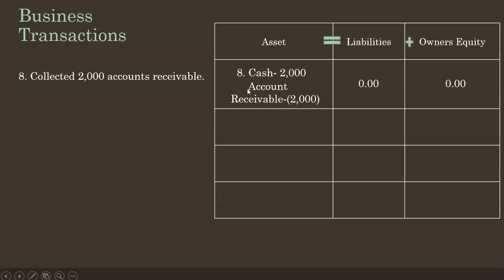So, increase on the other asset and decrease on the other asset. Account receivable, nawalan ka ng account receivable, close and open parentheses, meaning to say negative, so 2 minus 2, 0. The accounting equation remains balanced.